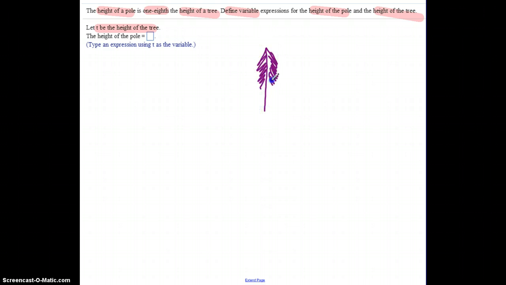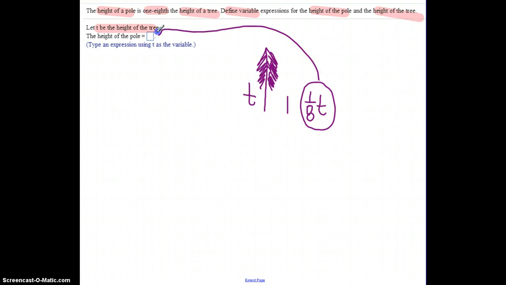Sorry, my pathetic looking Charlie Brown tree here. But my tree that's here, I have the height of a pole is 1/8 of this. So can you imagine that there's a small pole that's here that's like 1/8 of this tree. So if this happens to be t, then to find this one I would have to do 1/8 of whatever t was. So that's actually going to be the height that they're going to give you here.